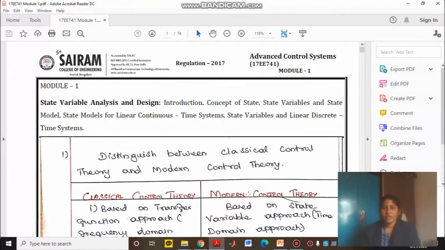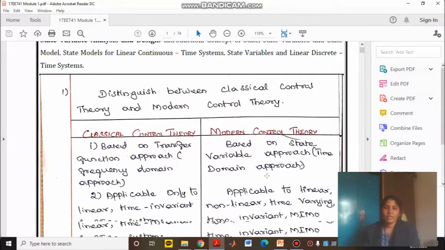In the last class, we have seen what is meant by classical control theory and what is modern control theory. In this class, we are going to discuss the basic difference between classical control theory and modern control theory. In classical control theory, as we discussed, the system analysis is based on the transfer function approach, that is the frequency domain approach, whereas in modern control theory, the system is analyzed using the state variable approach, which is nothing but the time domain approach.